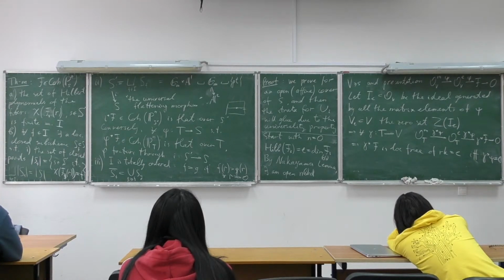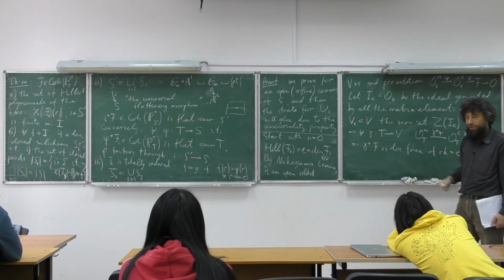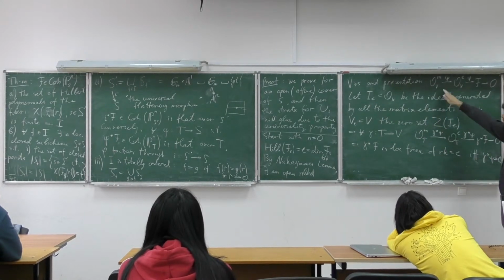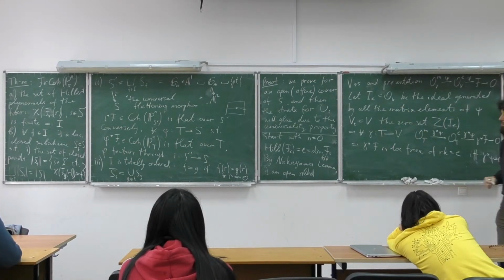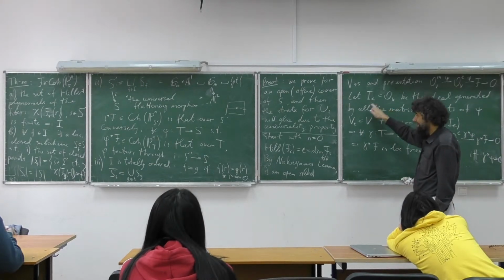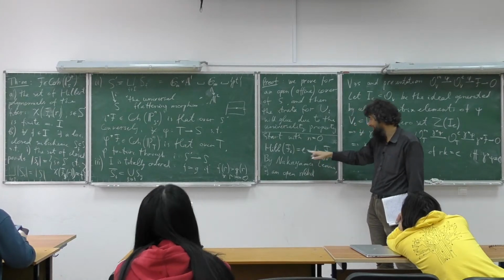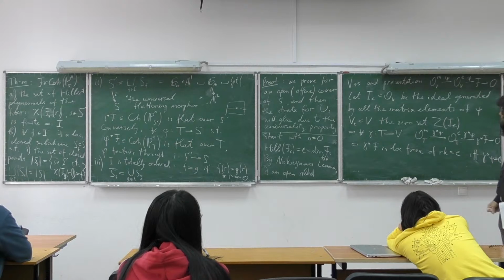Here is open, here is closed, and their intersection will be locally closed. This is an open subset, this is closed inside open. IE is an ideal sheaf of VE.